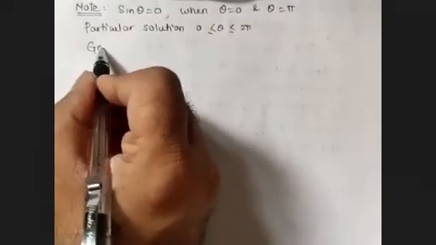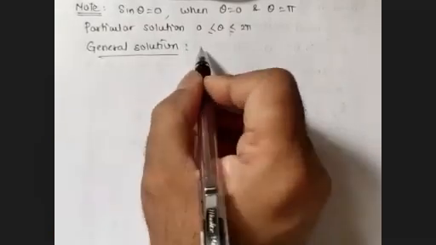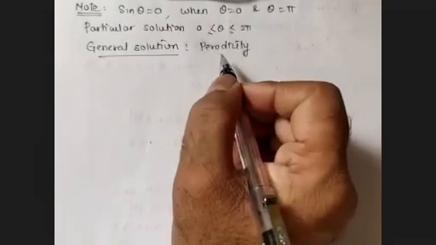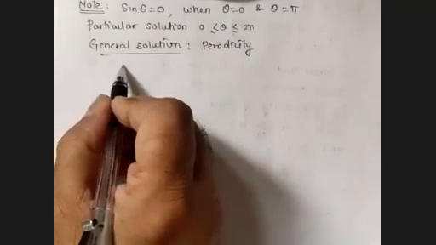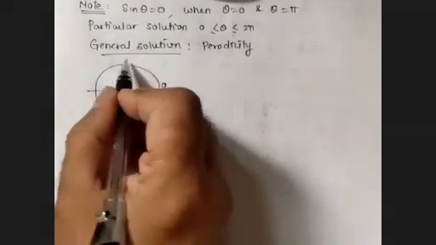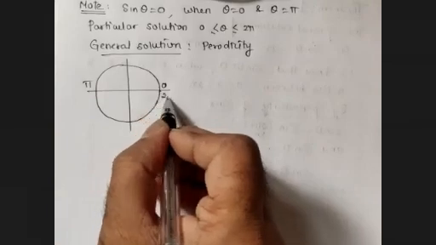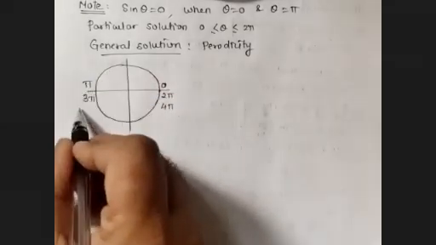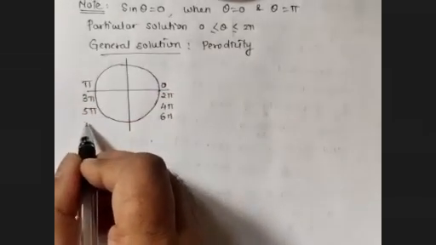But when we talk about general solution, so the word periodicity denotes that the angle repeats itself after an equal interval of angle, that is 360 degree or 2 pi. So that means our first value is 0, the second value is pi within a circle, but if we repeat, we reach back here and the value becomes 2 pi, and here the value becomes 3 pi, then it becomes 4 pi, then it becomes 5 pi, then it becomes 6 pi, then again it becomes 7 pi.